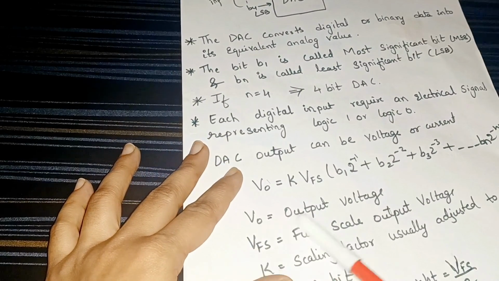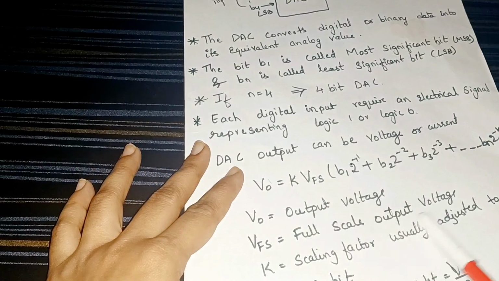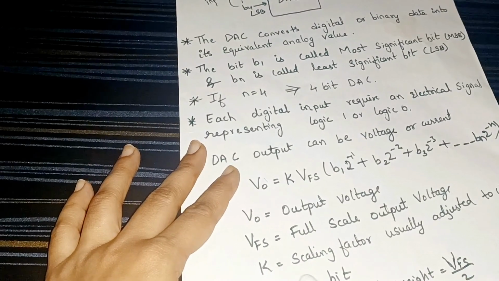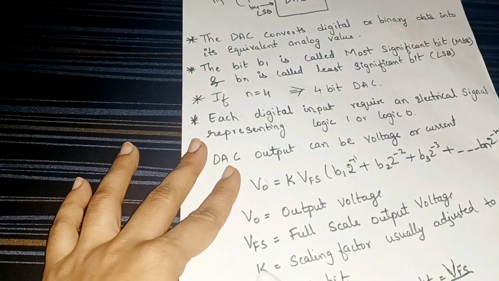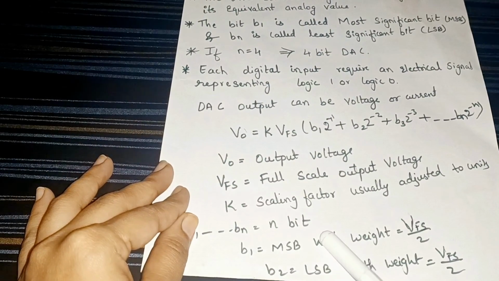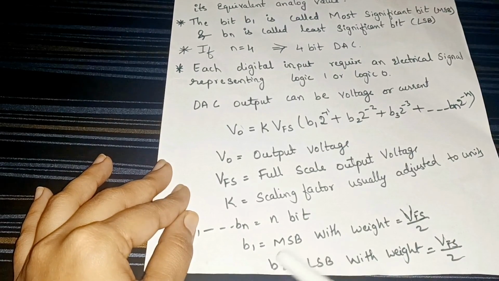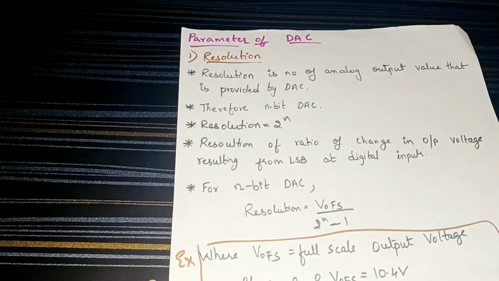Here V0 is the output voltage, VFS is the full scale output voltage, that is the voltage reference, and K is the scaling factor, a constant value. B1 to Bn are the n bits, where B1 is always the MSB and Bn is always the LSB.